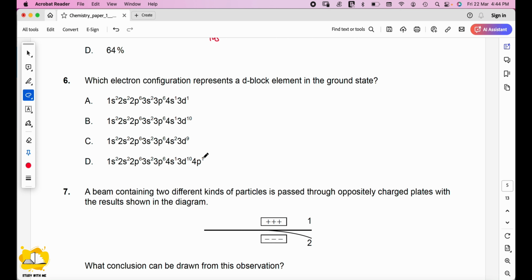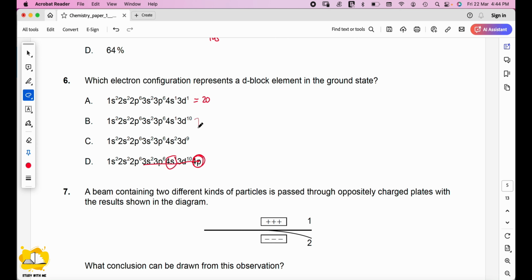As you can see for D, P1 is a bit odd here, while for S1, so definitely not D. And for A, after calculating how many electrons, it's 20, which is a bit odd as well. That 20 is not in the transition metal.